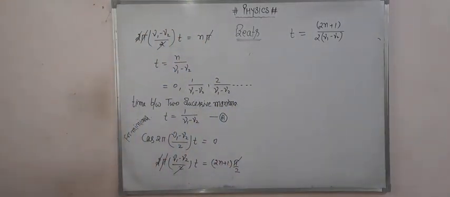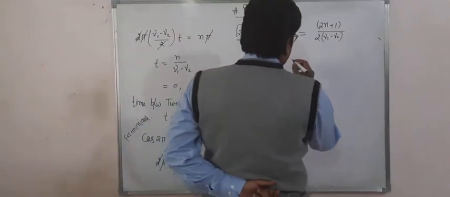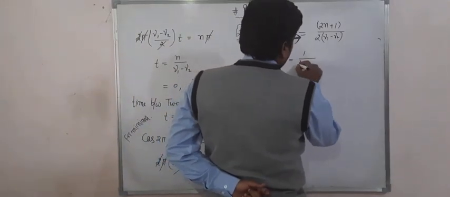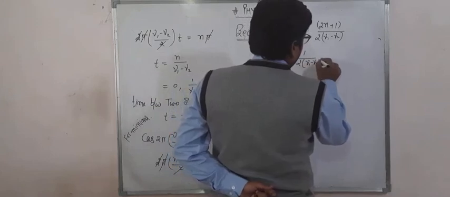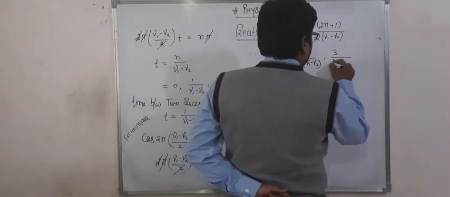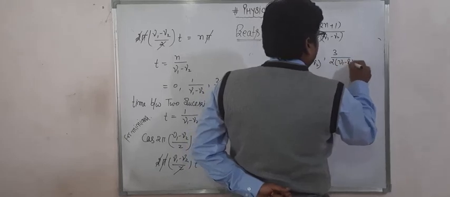I think there is no problem here. For the interval, you get every odd multiple of pi by 2. So I put the values here and you get t as 1 upon 2(nu1 minus nu2), 3 upon 2(nu1 minus nu2), and so on.